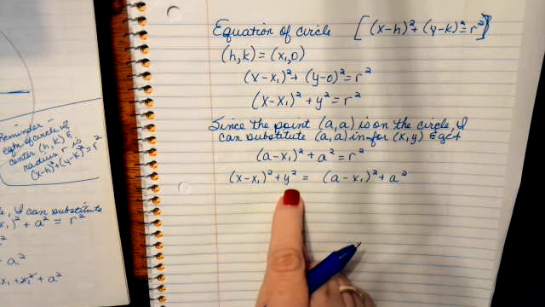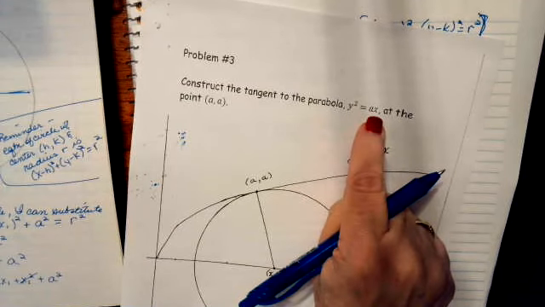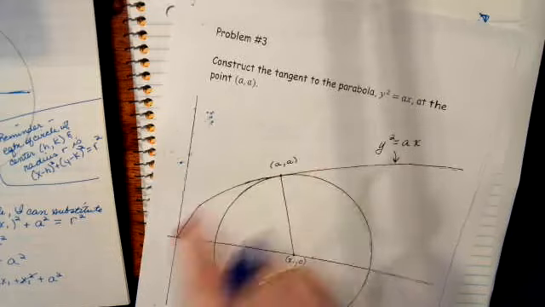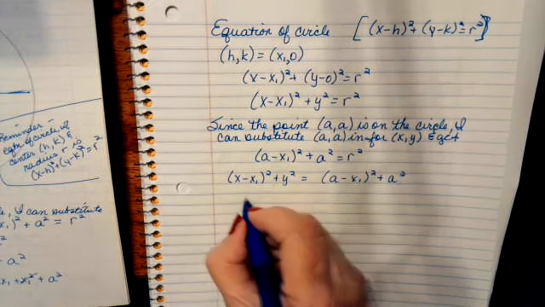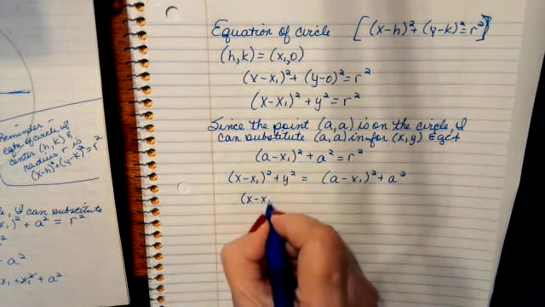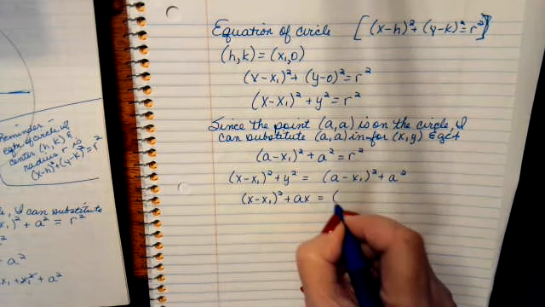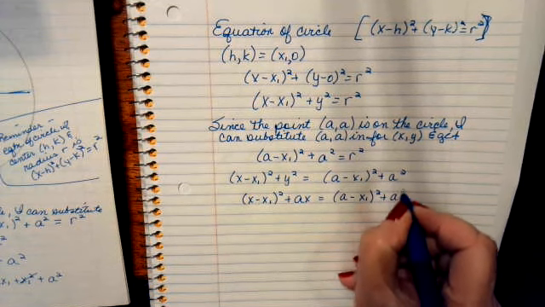All right, you remember what y^2 was? y^2 is ax. Okay, that's what the function is that we're talking about. y^2 is ax, so I can make that substitution. So (x - x1)^2 + ax = (a - x1)^2 + a^2.